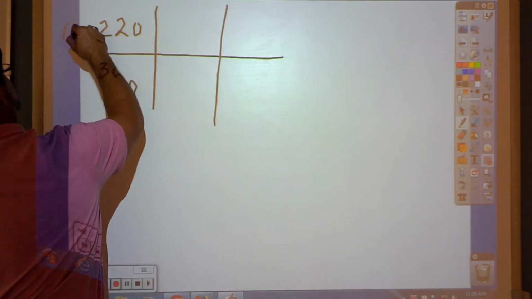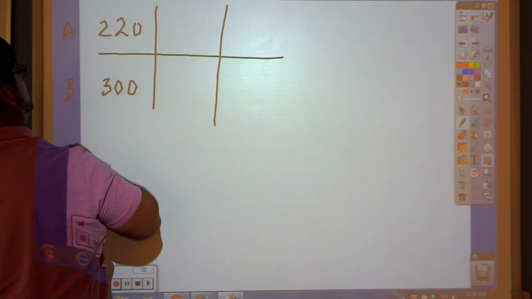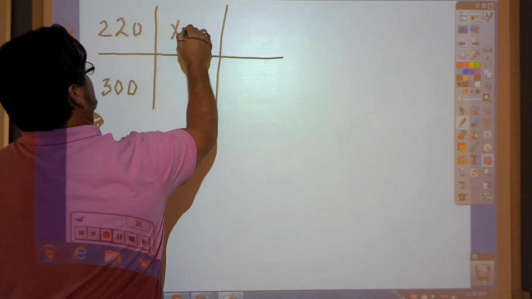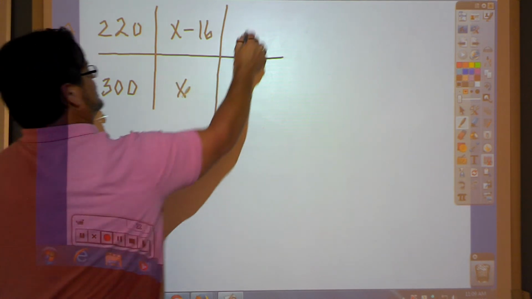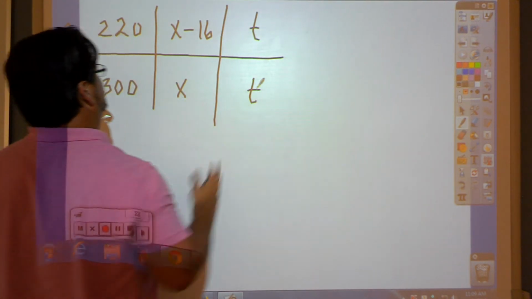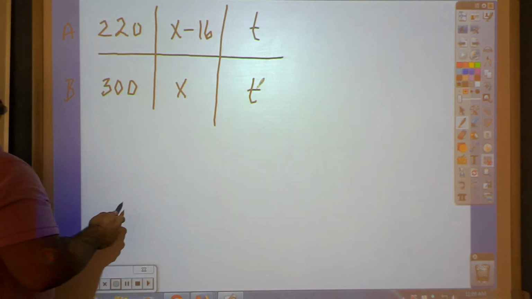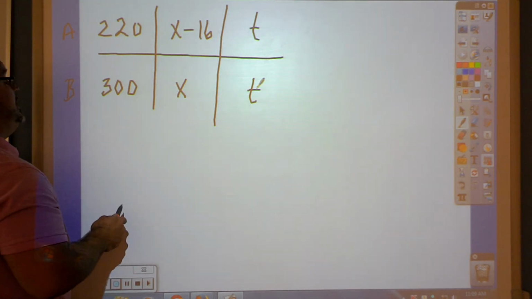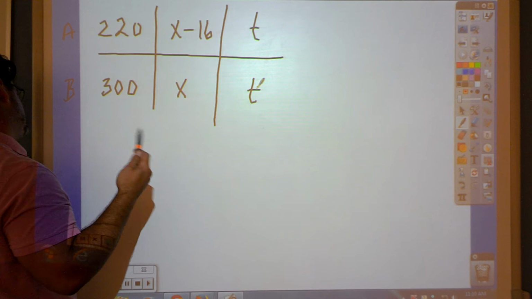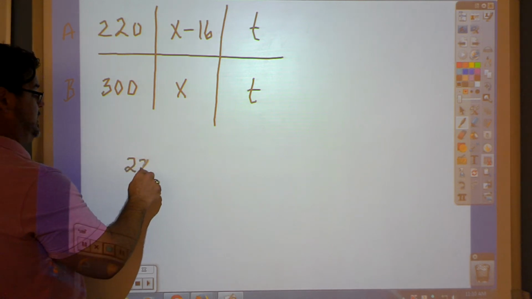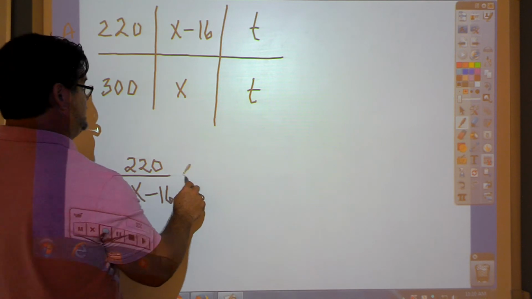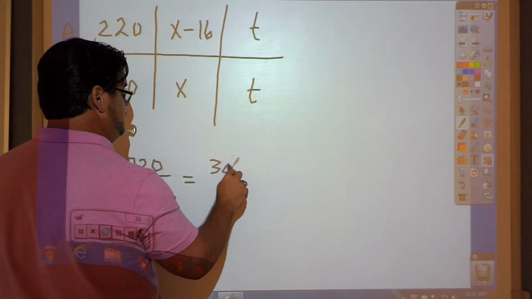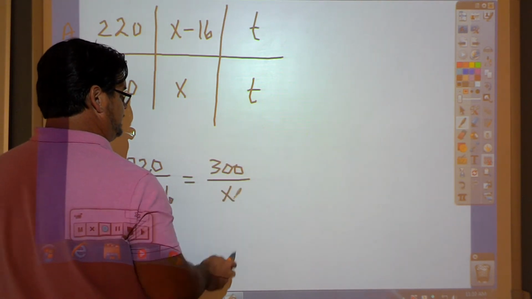Train A is 16 miles slower than train B, so that'd be x minus 16, and then that would be x. We have distance equals rate times time, so time is equal to distance over rate, so that's 220 over x minus 16 is equal to 300 over x.